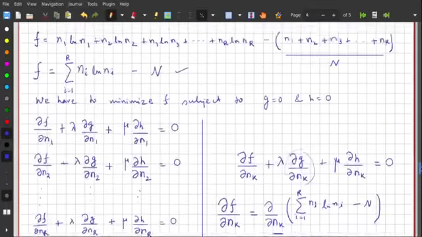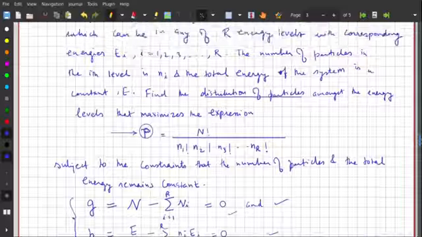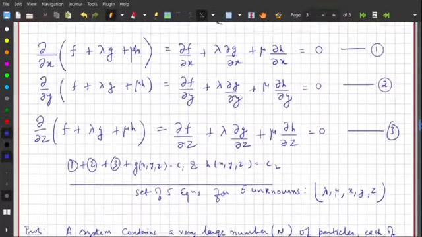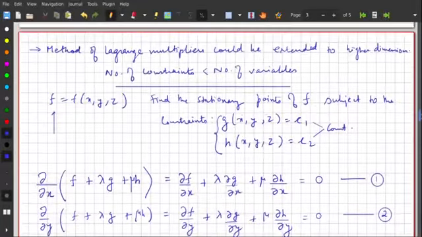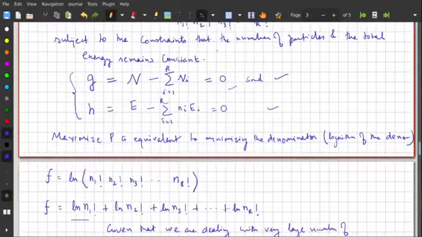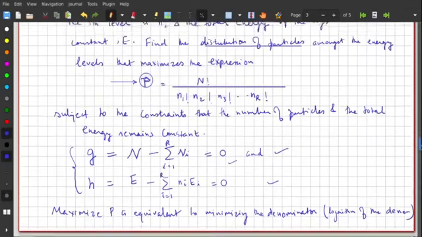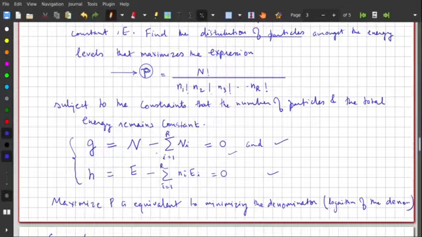And you see how we got it. This came from the natural idea of a function optimization problem subject to constraints. Remember what we did: we wanted to maximize P subject to the constraint of a given number of particles and a given total energy.